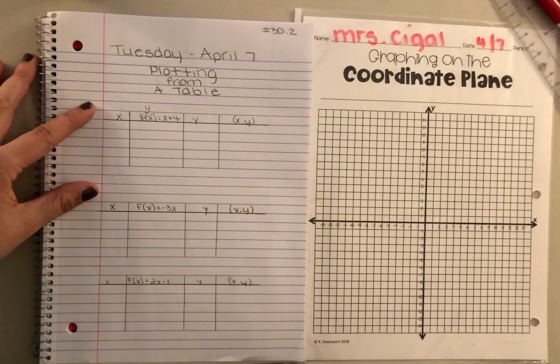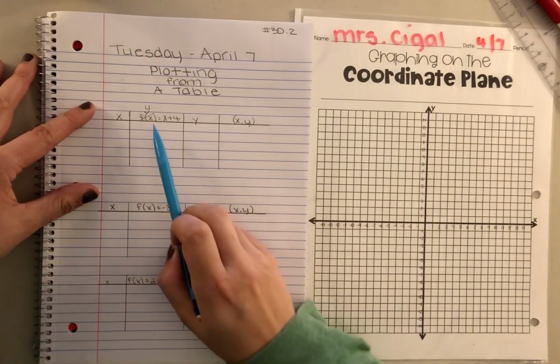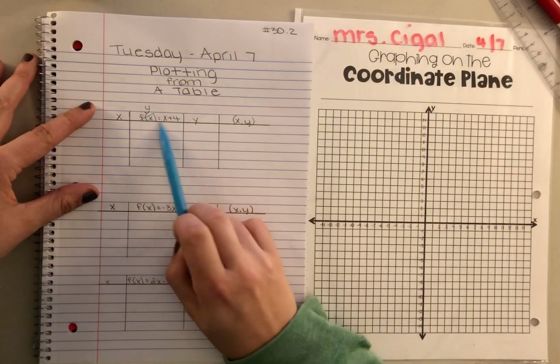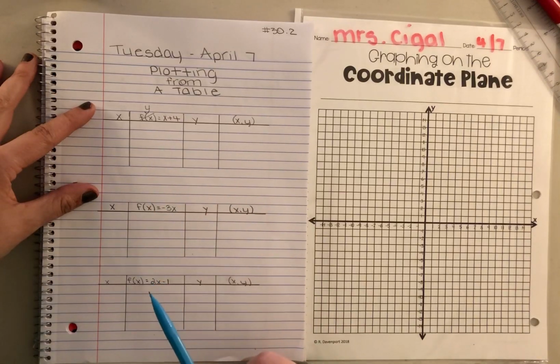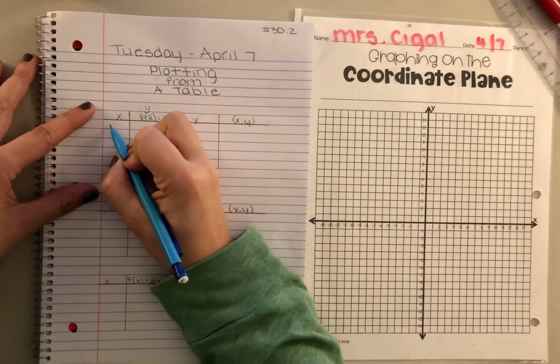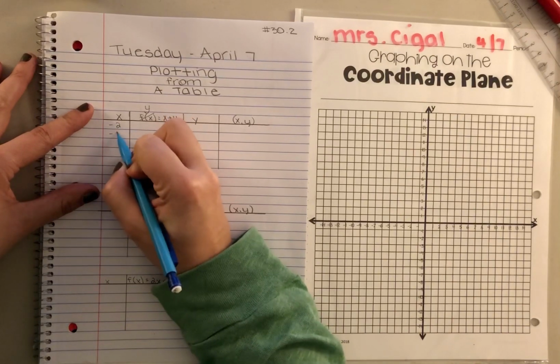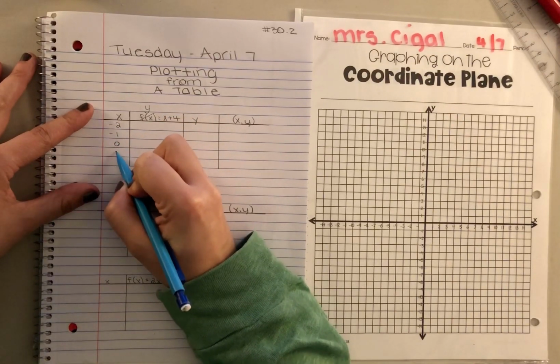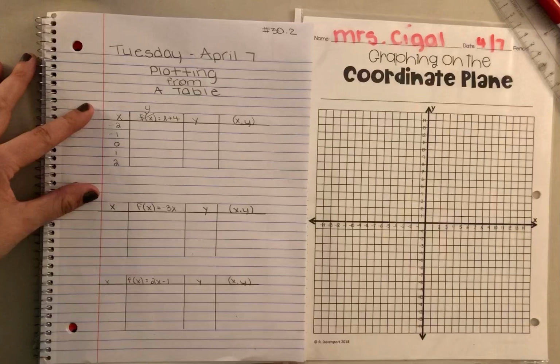All right, let's get started. So the idea is that we're going to be plotting this function, and since we don't really know how to plot functions yet, we haven't really learned how to graph linear equations, we're going to use an input-output table to do that. So there's nothing here, so we're just going to do -2, -1, 0, 1, and 2.